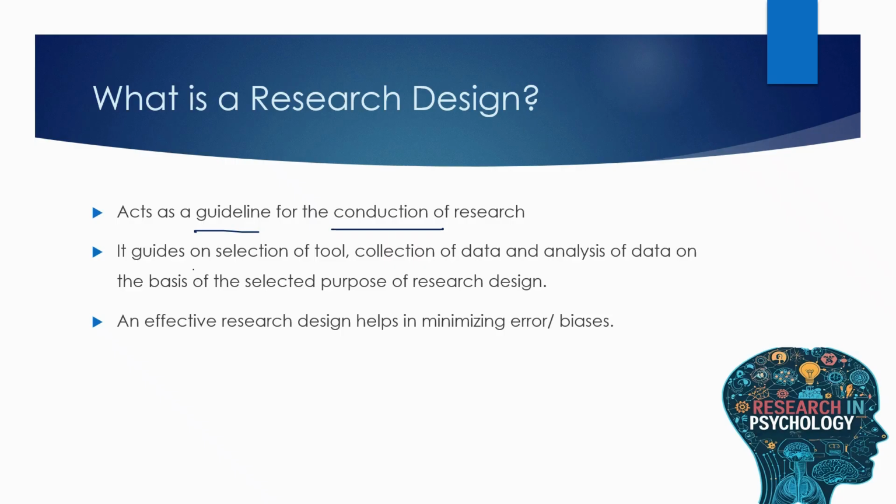It guides on selection of tool, collection of data, and analysis of data on the basis of the selected purpose of the research design. An effective research design helps in minimizing error or bias. If you have a solid plan with you, it will help in minimizing any error or any bias that can potentially crop up because of something you do unplanned without any thinking.